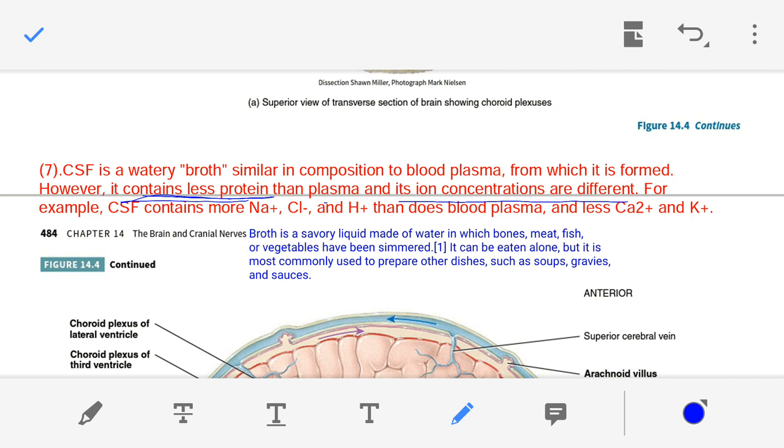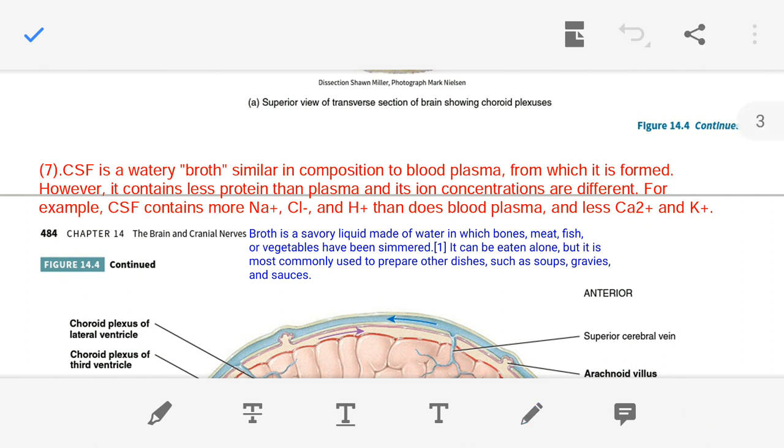So CSF's ionic concentration is different when we compare it with the blood plasma. For example, CSF contains more Na+, Cl-, and H+ than the blood plasma, and CSF has less Ca2+ and K+ in comparison to blood plasma.